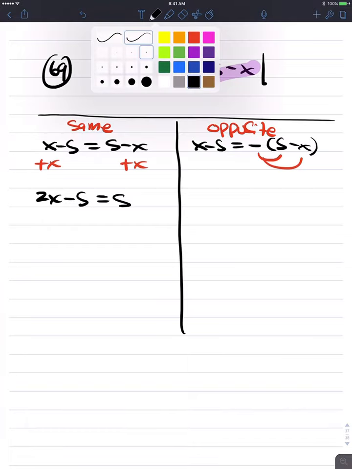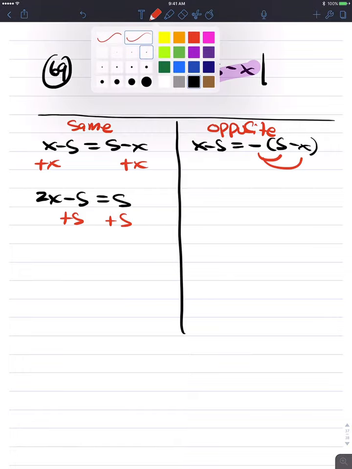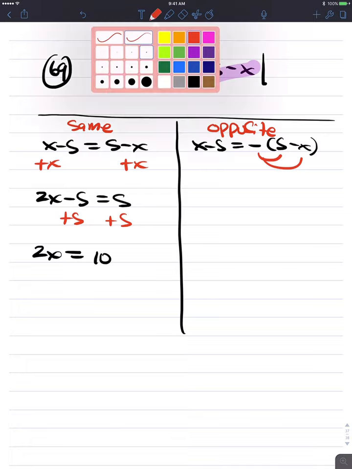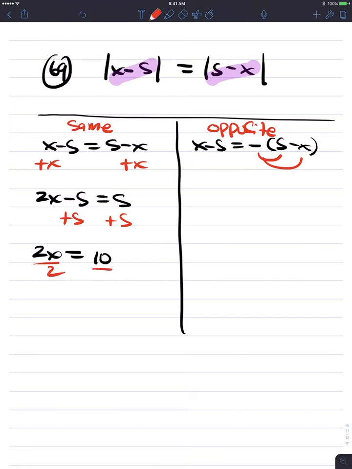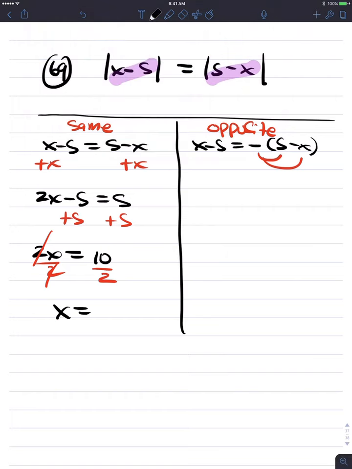Let's add our 5 to both sides here, and I end up with 2x equals 10. Divide both sides by 2. I get cancellation here. I have x equals 10 over 2, which is 5. This is my first equation.